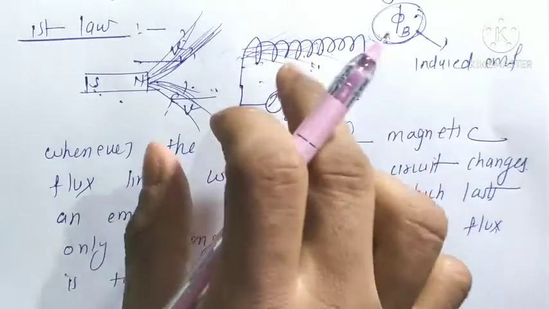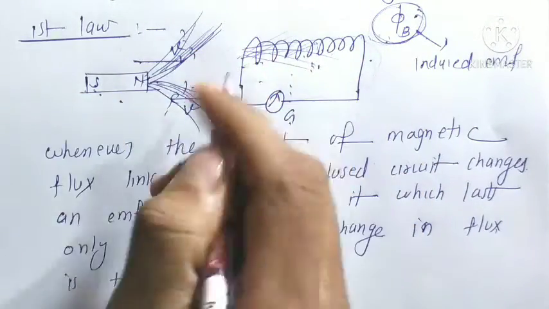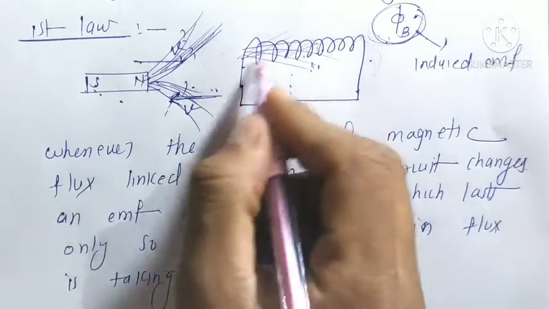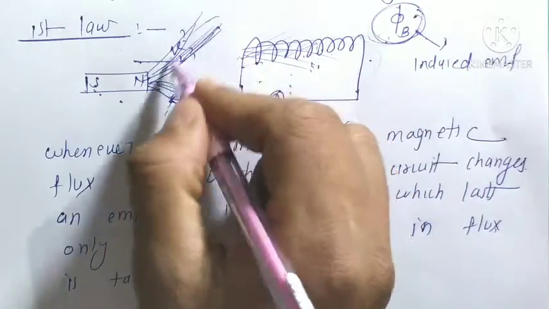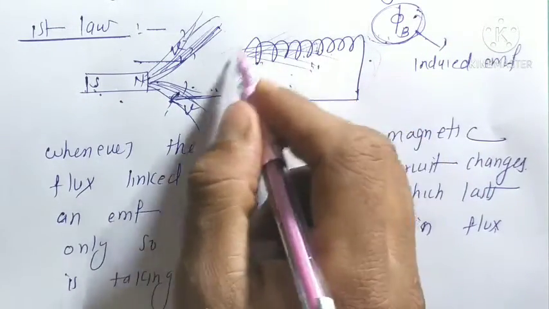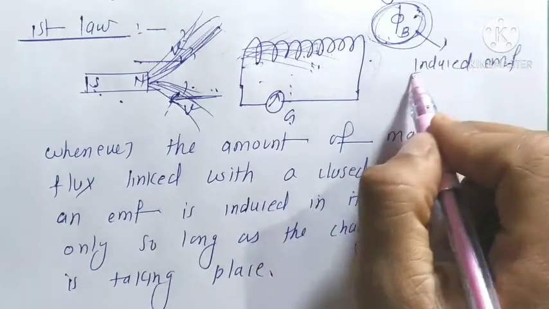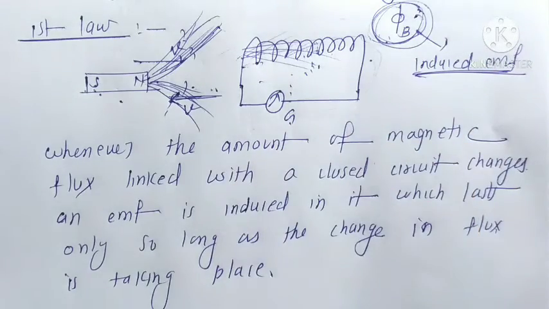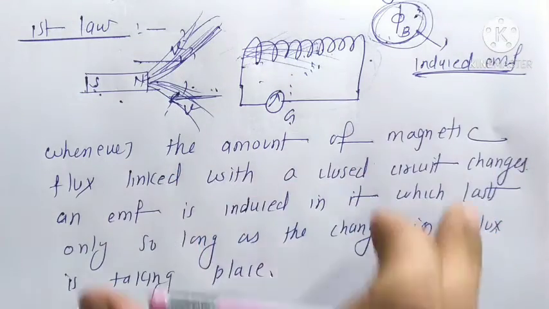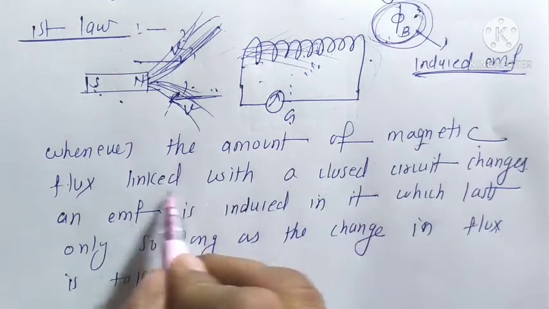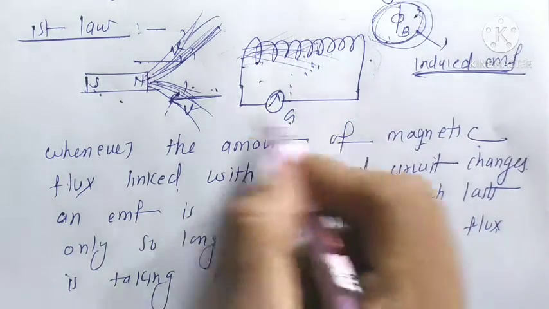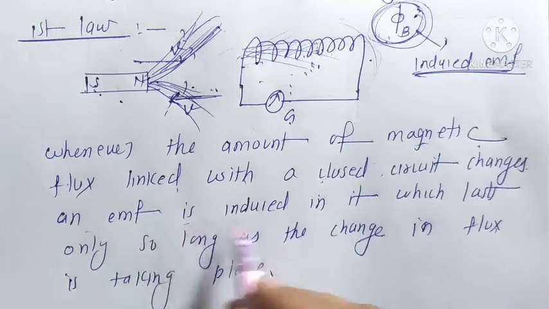When this bar magnet moves away from this coil, the magnetic field lines also change here, so the magnetic flux changes, due to which induced EMF is produced inside this coil. And this is our first law. Whenever the amount of magnetic flux linked with a closed circuit changes, an EMF is induced.